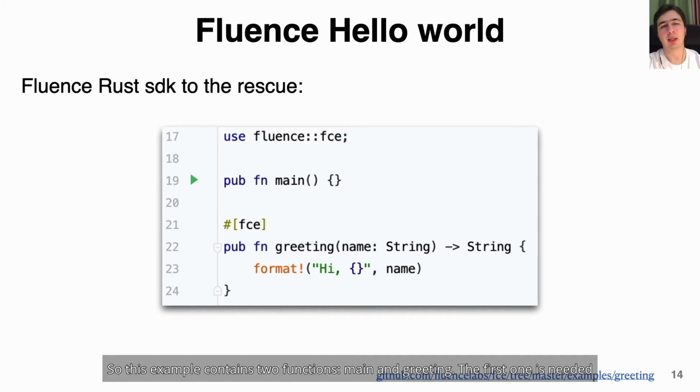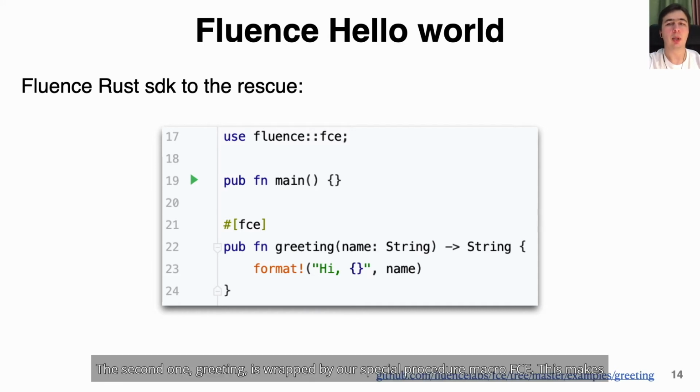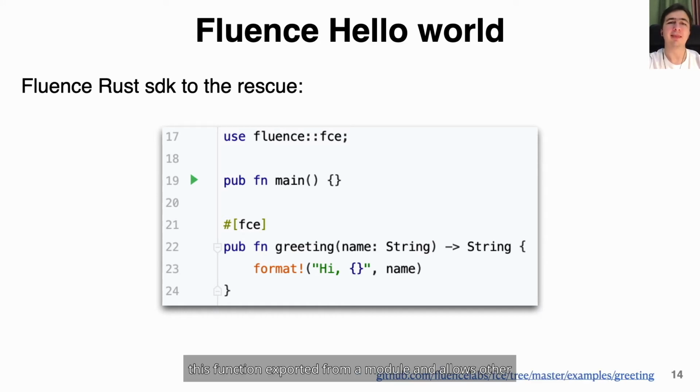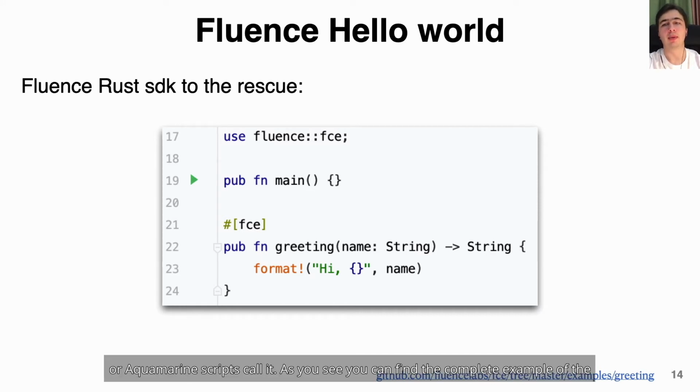This example contains two functions, main and greeting. The first one is needed for initialization of WASI, so it's called only once on module startup. The second one, greeting, is wrapped by our special procedural macro FC, and this makes the function exported from a module and allows other modules or Aquamarine scripts to call it.